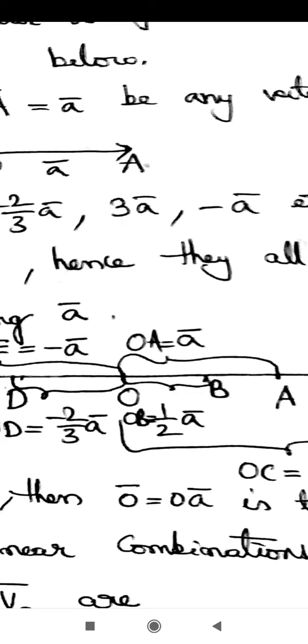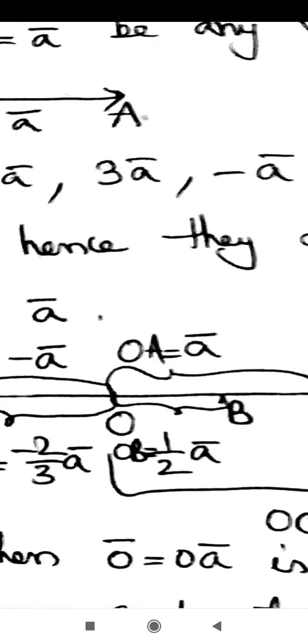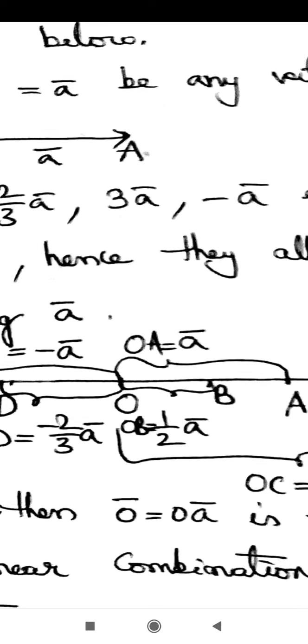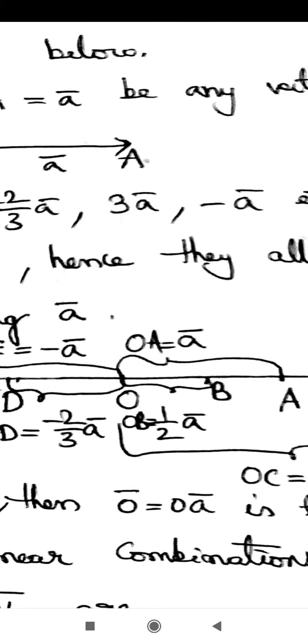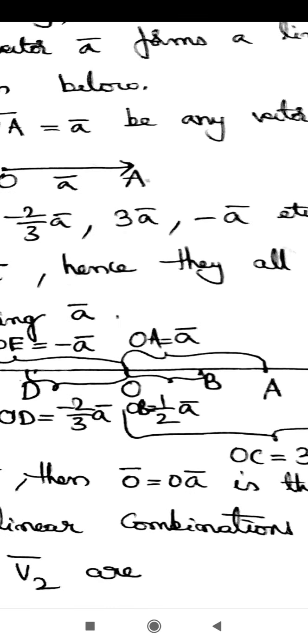That means the vector OB has half the magnitude of OA and will have the same direction. Of course, I have not marked the directions in this diagram.